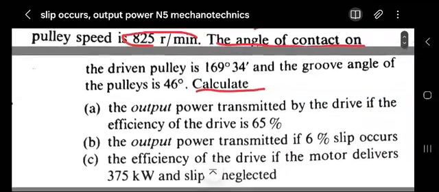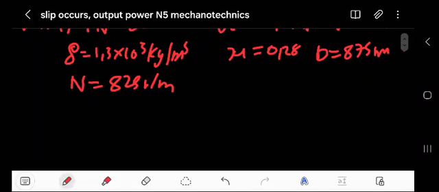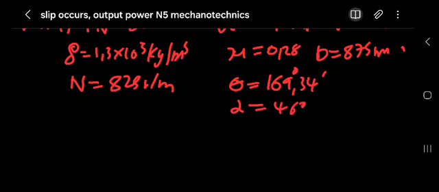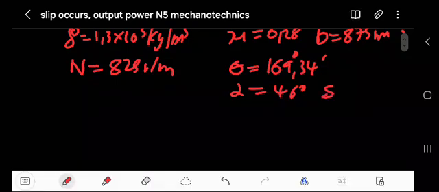And we have been given the driven pulley angle of contact, which is 160 degrees, and there are minutes. So the groove angle there is 46 degrees. This is what we are given, but I know we're supposed to use the semi-groove angle, not the groove angle.